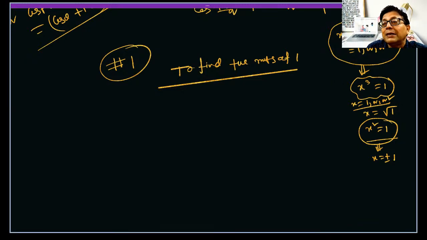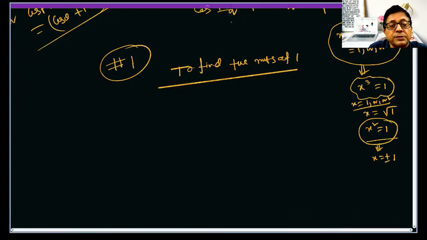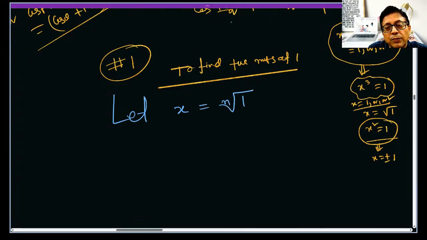So for that, let's start with the equation. Let x equal nth root of 1, to find the nth roots. This implies x to the power n is 1.